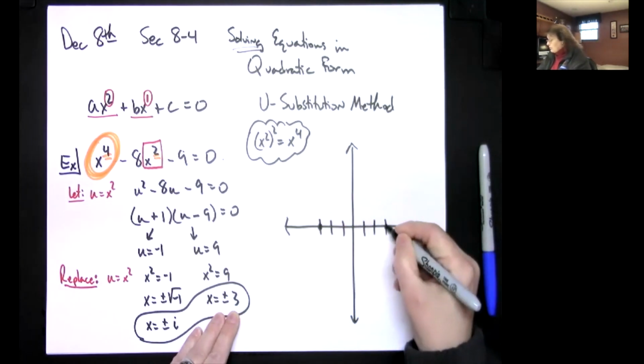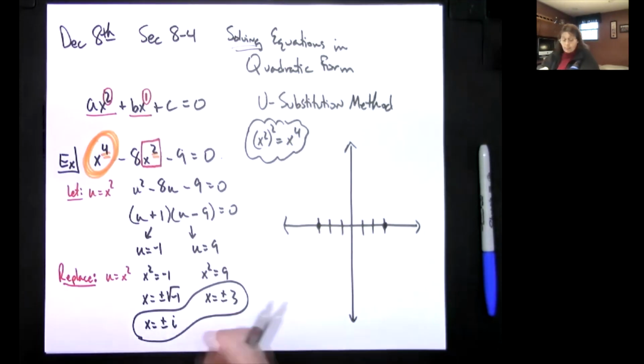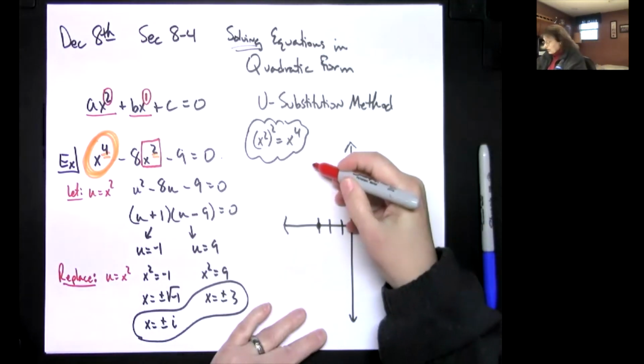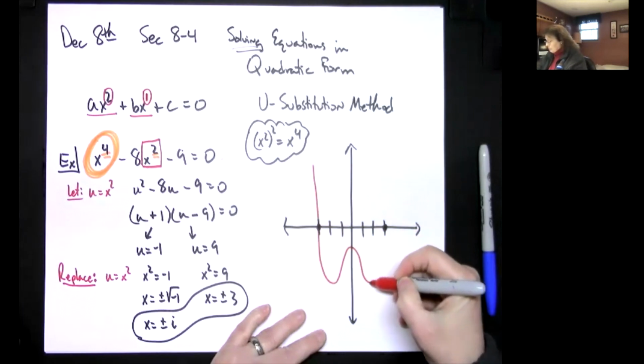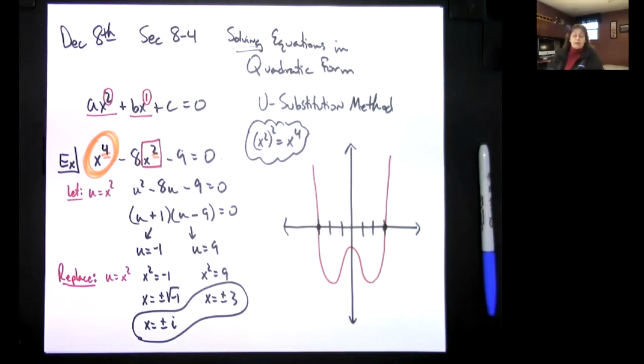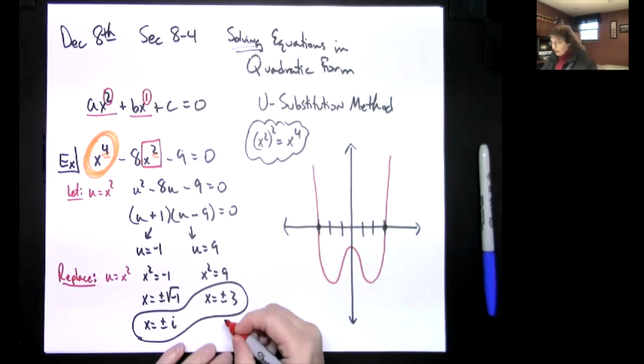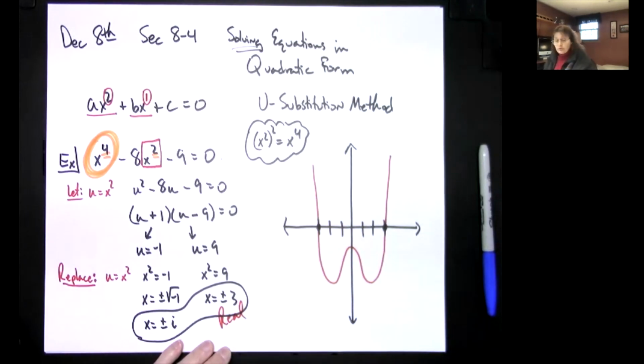And we know it's going to go through there. And what happens? Rough sketch here of what this is going to look like roughly without actually having a graphing calculator. It's going to look something like that. And we've talked about this in the past. Where the curve crosses the x-axis are the solutions, or the real solutions. So here's the 2 real solutions that come from this part right here. These are your real solutions.